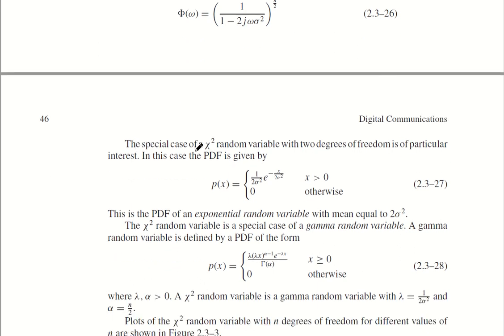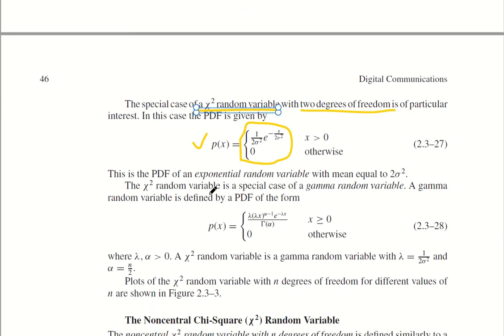And the special case for a chi-square random variable with 2 degrees of freedom is of particular interest, and the PDF is given by p of x equal to 0 for x smaller than 0, and for x larger than 0, 1 divided by 2 sigma squared, exponent minus x over 2 sigma squared. That is the PDF for degree 2, and that is also the exponential random variable with mean equal to 2 sigma squared.